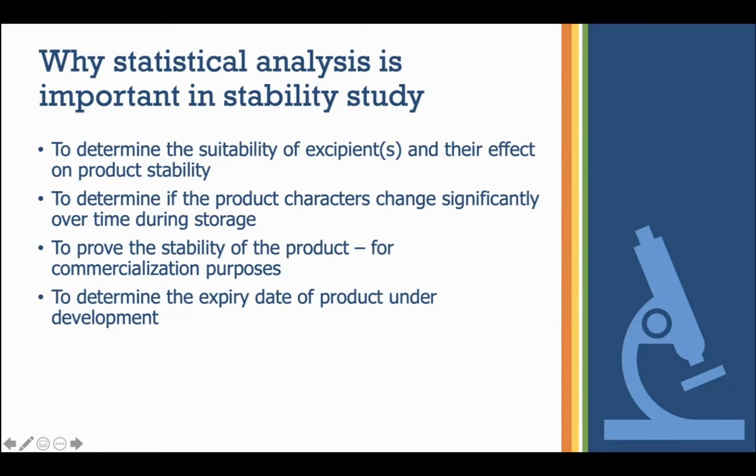As I mentioned earlier on, when you want to register a product, you would have to demonstrate that the product is stable. So to prove that the product is stable, we have to have the numbers and the data that say that the product is stable and the changes in the product during storage are insignificant.